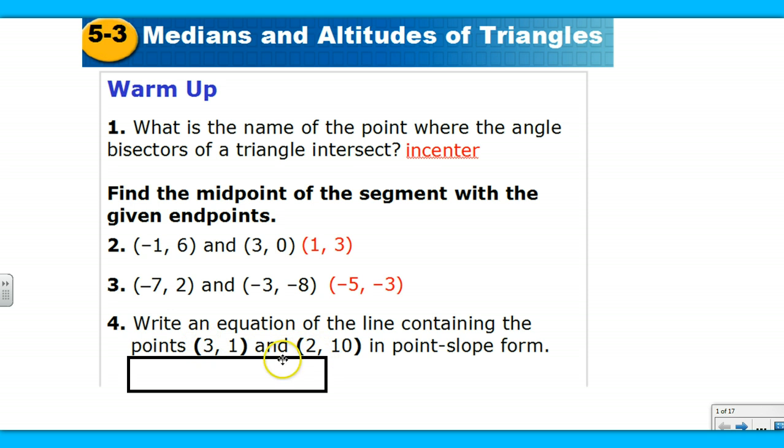That's right, slope. And then you could use either point in point slope form. So they chose to use the first point. If you chose the second point, you could write the equation y minus 10 equals -9 times x minus 2, right? That would work as well.